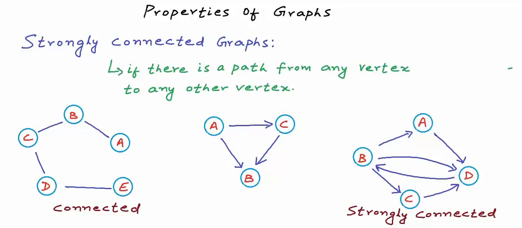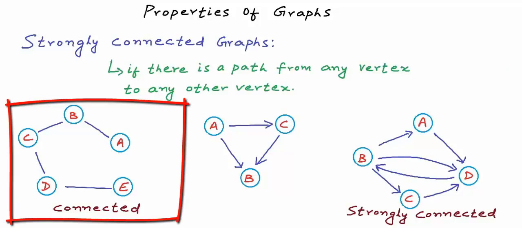If a directed graph is not strongly connected, but can be turned into a connected graph by treating all edges as undirected, then such a directed graph is called weakly connected. If we just ignore the directions of the edges here, this is connected. But I would recommend that you just remember connected and strongly connected. This leftmost undirected graph is connected. I removed one of the edges and now this is not connected.